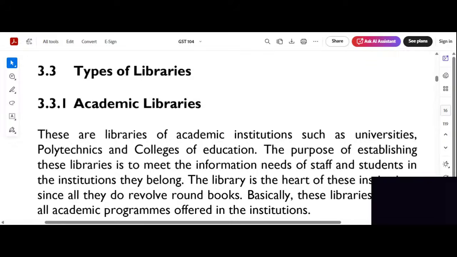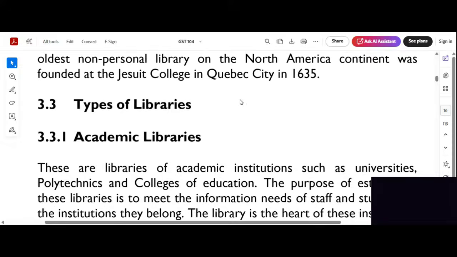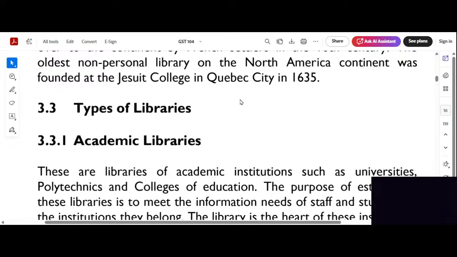A library is a place where people can borrow, read, or study books and other materials. Okay, your definition is not bad, but that is according to your own understanding, not what the material says about a library. We've been through it before.